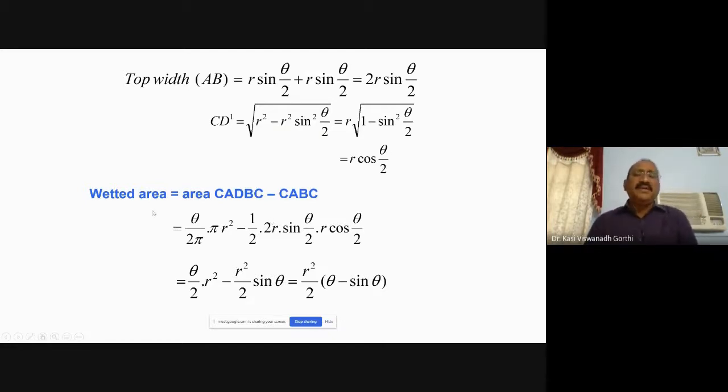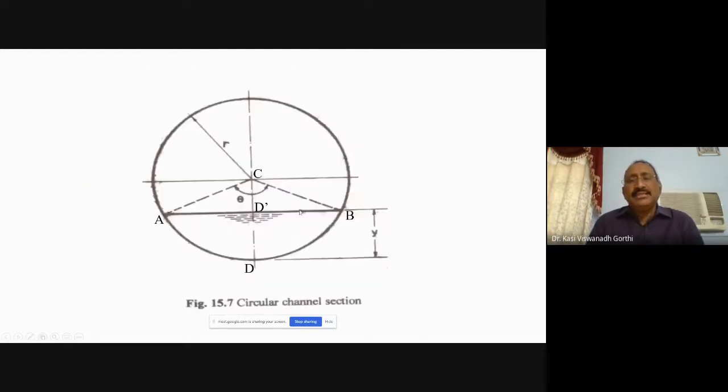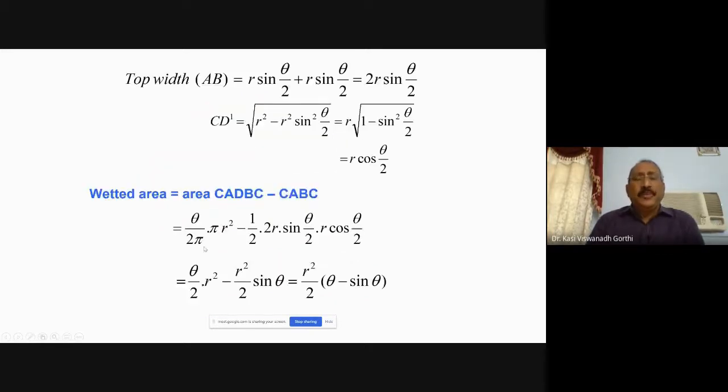So the wetted area by definition is the cross-sectional area of the flow section, which is equal to area CADBC minus area of the triangle CABC. So to get the area of the arc, theta by 2 pi into pi r square.